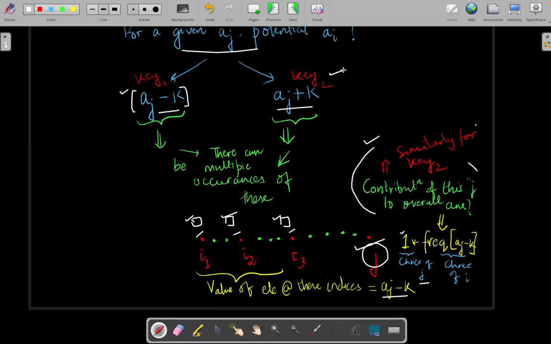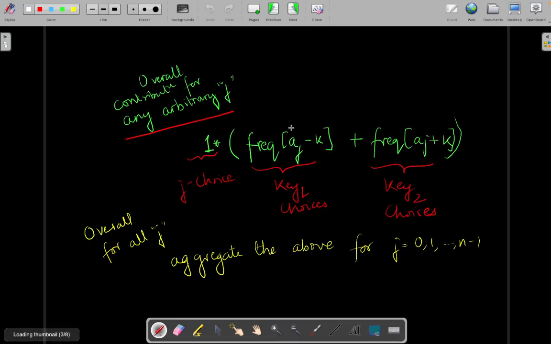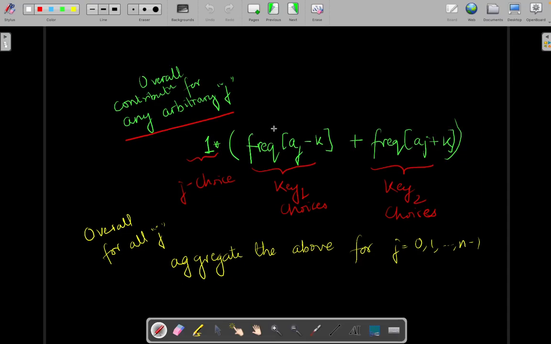Okay, so putting everything together, the j choice is 1, and for key 1, the frequency of aj minus k is the number of ways to do that, and the frequency of aj plus k is the number of ways to pick key 2, right?